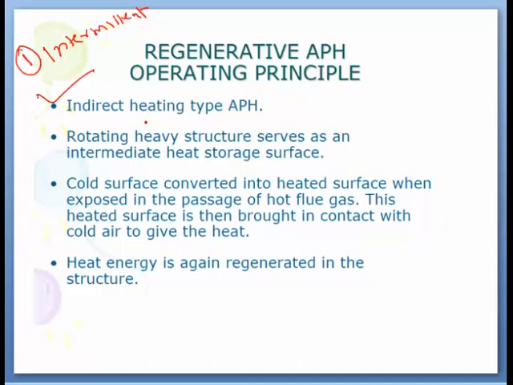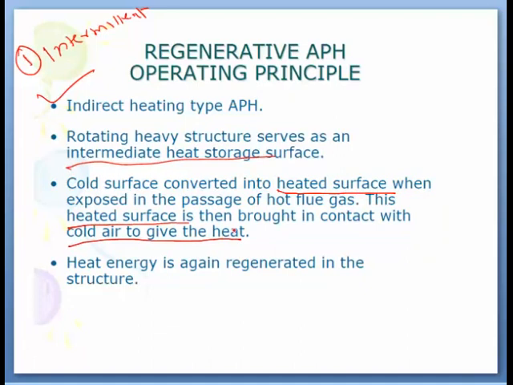Then it contains an intermediate heat storage medium. So this cold surface, or that storage medium, when it comes in contact with the heater surface, gets heated, and this heated surface, when brought in contact with the cold air, gives its heat to the cold air.